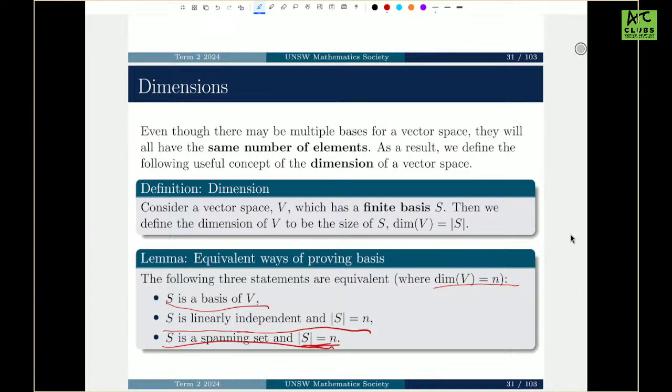Spanning set means that its span is V, and it having n elements means it's the minimum number of elements it can have, so it'll end up being linearly independent.